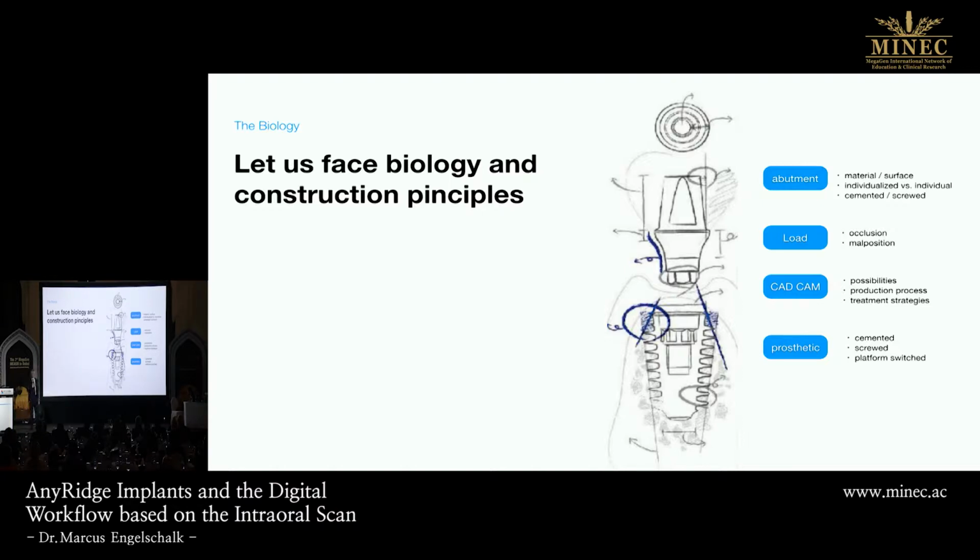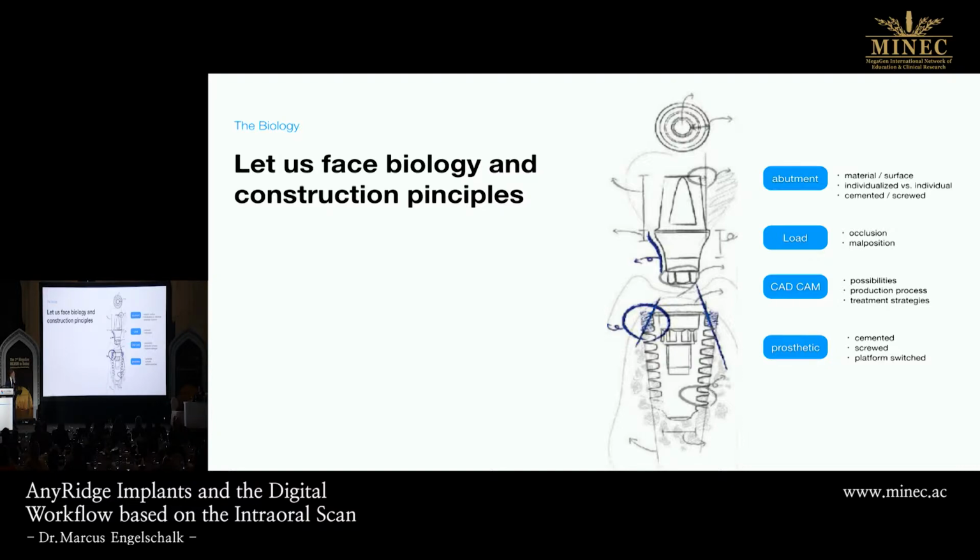For me, doing crowns and bridges on implants with digital scan, only these things are very important. The prosthetic: do you want it cemented or screwed or platform switched? As we already heard this morning, the CAD/CAM system, the possibility you have, the process, or the load is very important to keep something successful over the years.